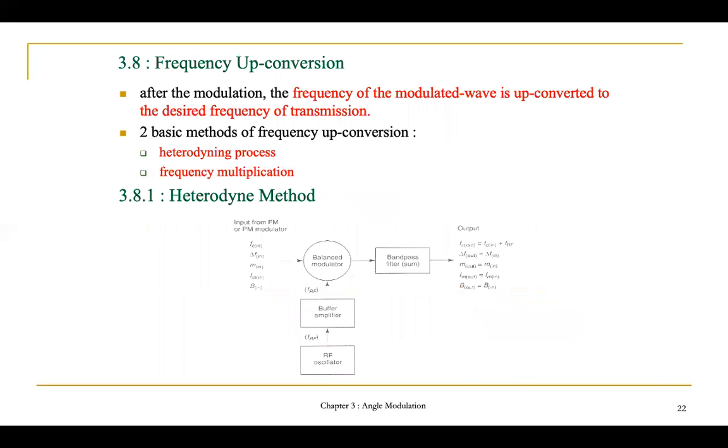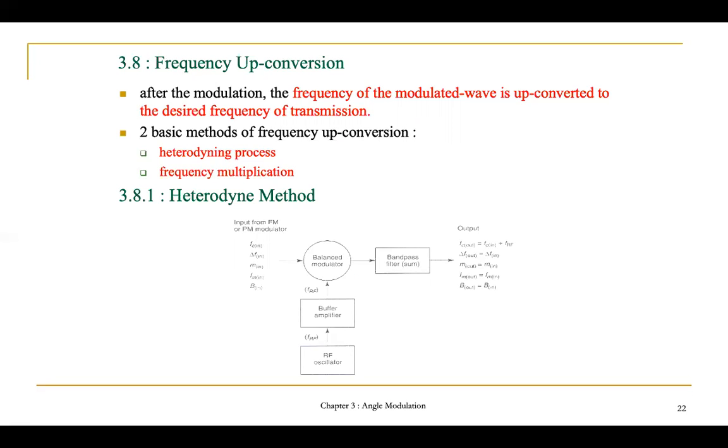So next, subchapter 3.8 is the frequency up conversion. If you remember your communication block diagram, basically you have a modulator, a transmitter, a channel, and then you have a receiver and a demodulator.